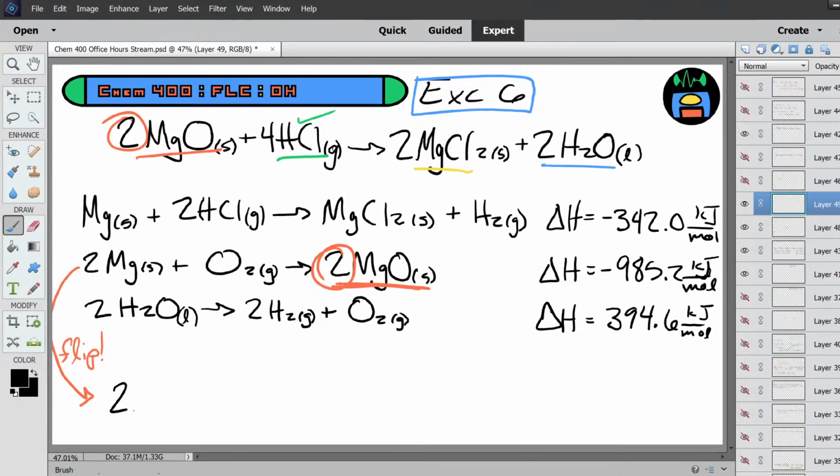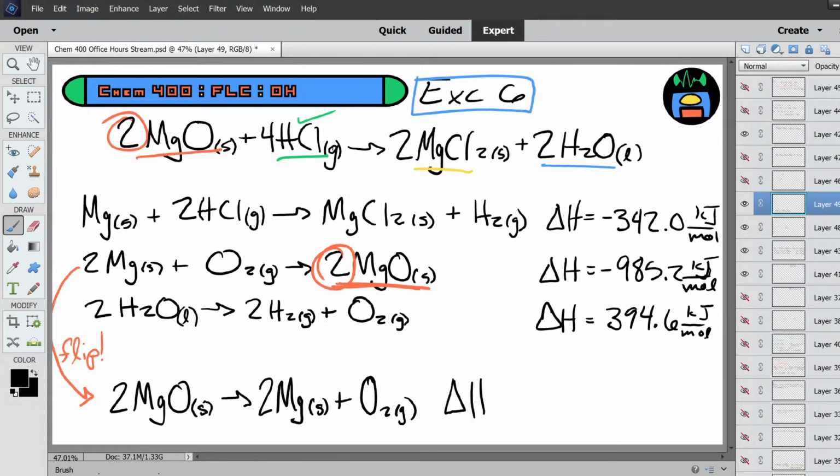So this will be 2 moles of magnesium oxide produce 2 moles of solid magnesium plus 1 mole of O2 gas. And our delta H here is our original delta H multiplied by -1. Negative times a negative is a positive, so that's 985.2 kilojoules per mole.